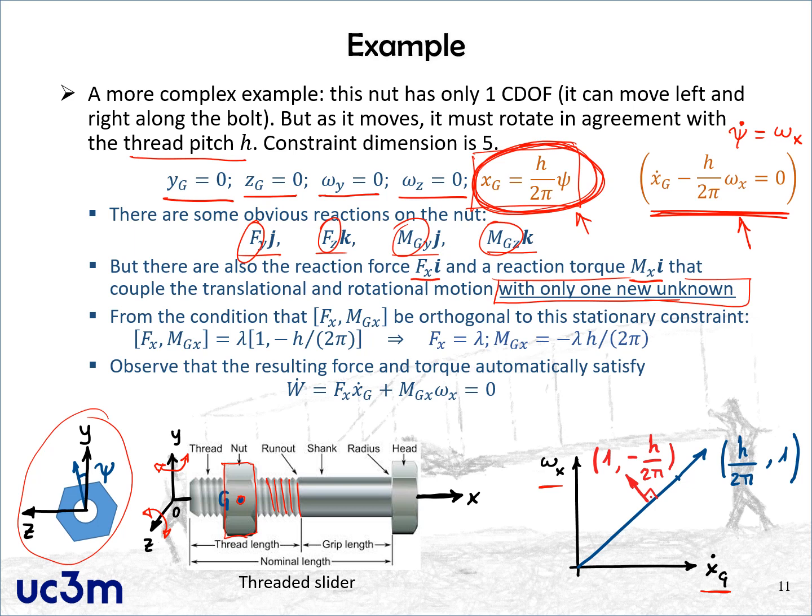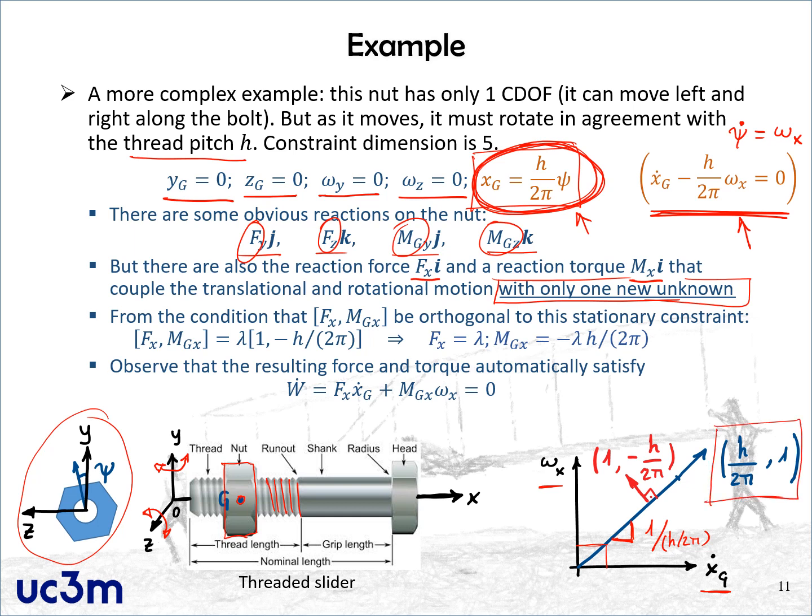The slope of this line in this axis is 1 over h over 2 pi. So this is what tells you, when you have some velocity to the right, what should be the rotation of the nut.